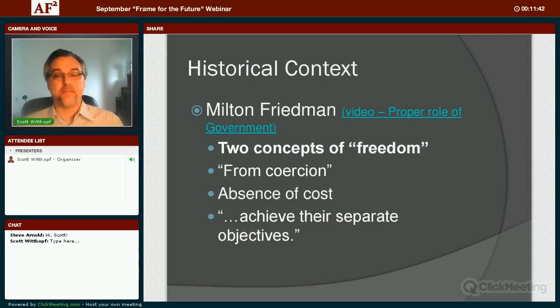And here Friedman basically spells out this idea of freedom and government staying out of people's lives so they can achieve their separate objectives. And this raises a whole bunch of moral questions, which I hope are rattling around in your brains right now, because we'll get to them a little bit deeper as we proceed here.